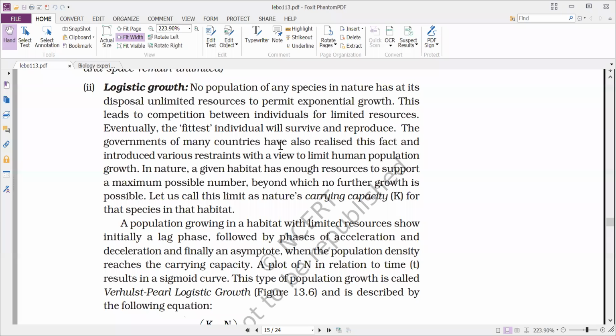In that case, the growth occurs in an unlimited manner. So it represents a J shape. When you plot a graph showing the exponential growth, it represents a J shape.